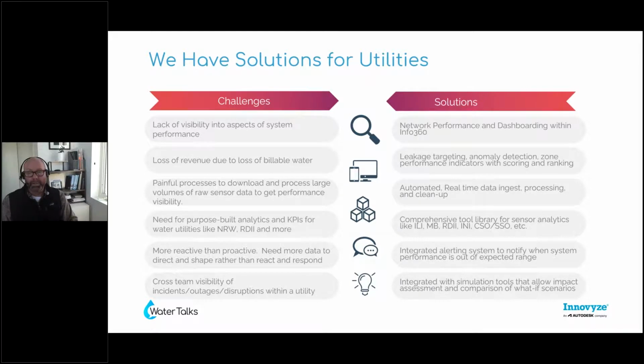For example, I want a single chart showing me all of my storage levels or my reservoir levels for the last 24 hours, for the last 6 months.